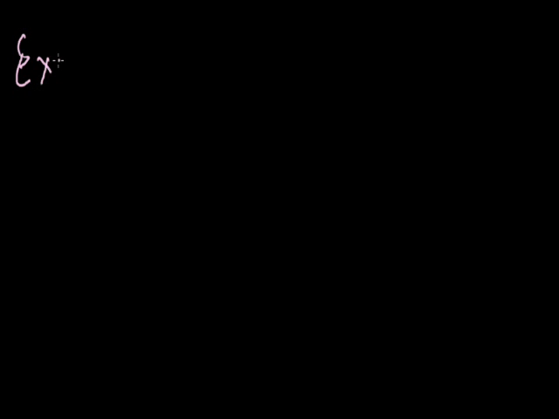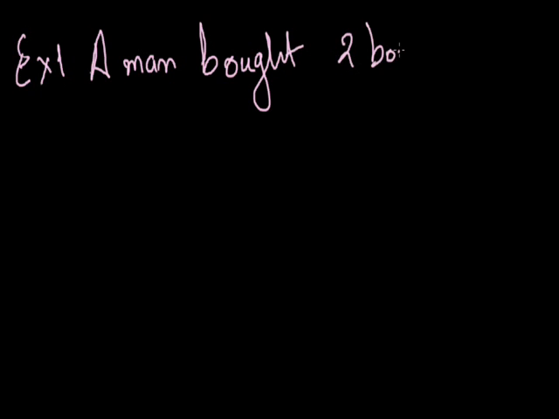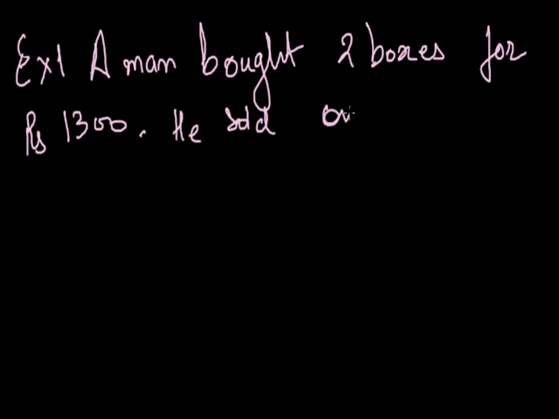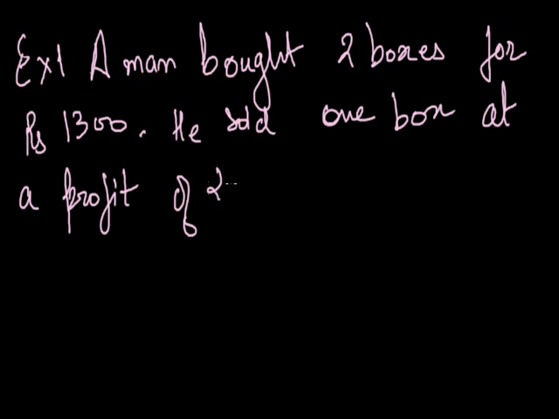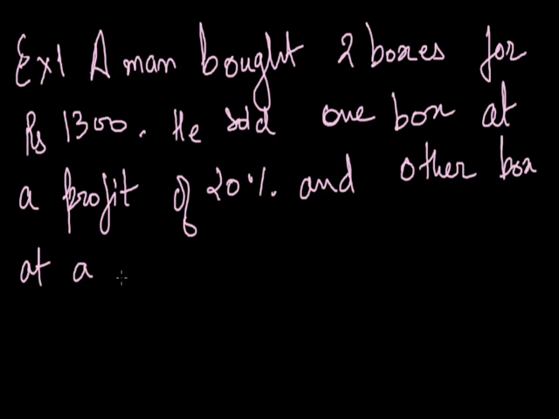First example, a man bought 2 boxes for rupees 1300. He sold one box at a profit of 20% and the other box at a loss of 12%.